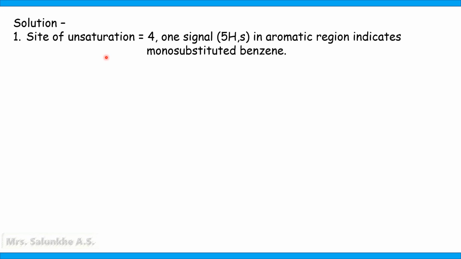The site of unsaturation is 4 for that compound, and there is one signal at 7.2 delta, which is a 5H singlet, and it is in the aromatic region, which indicates the presence of monosubstituted benzene. For phenyl group protons, the site of unsaturation is 4.